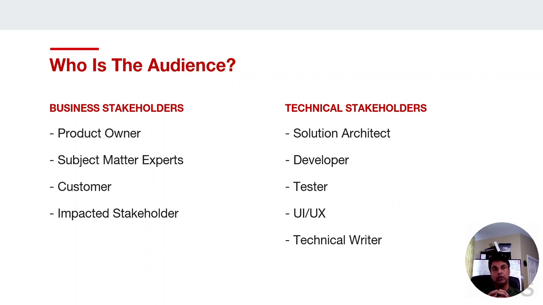We must make sure that a story and its acceptance criteria are written, and we review them with the PO, making sure that the requirements captured in the story are aligned to their expectations, right? So the product owner is one of the most important stakeholders you would want to get your stories reviewed and approved by.